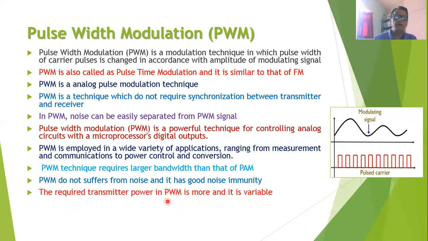The required transmitted power in pulse width modulation is more and it is variable. So this is also a drawback. This is because the width of the pulse is continuously changing and therefore the transmitter power will also vary.